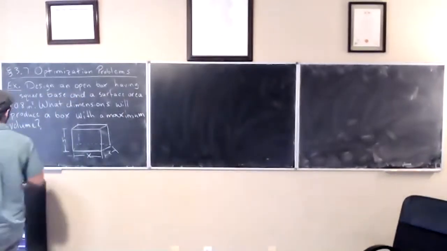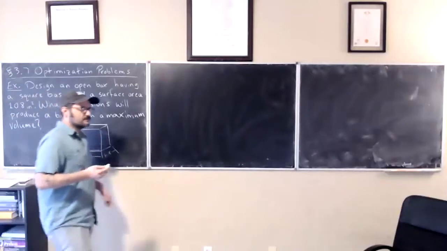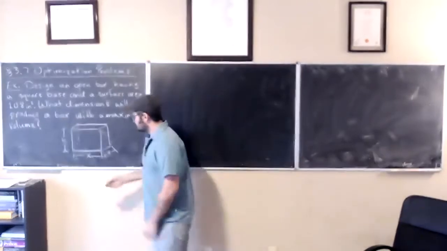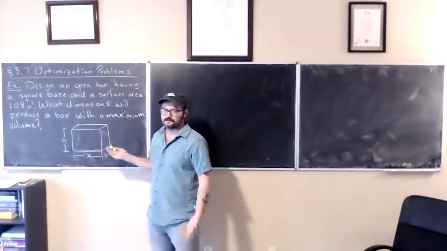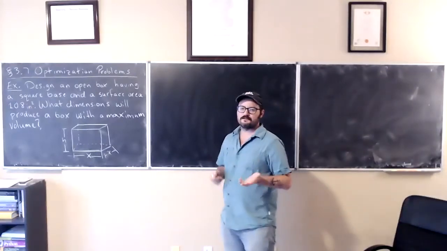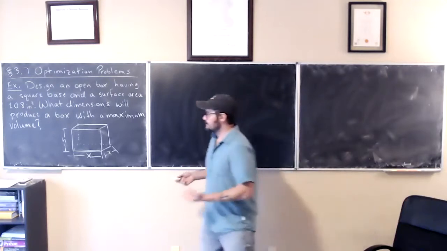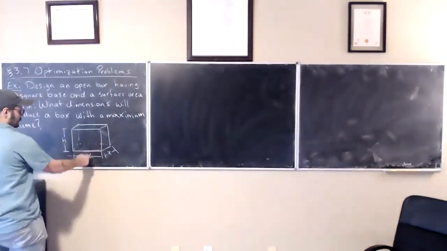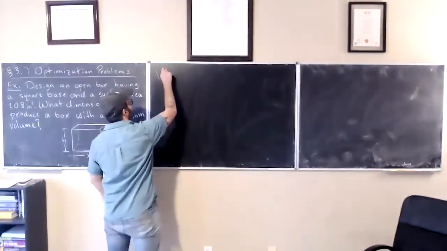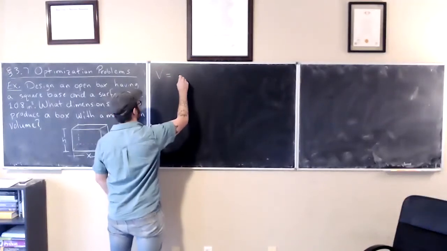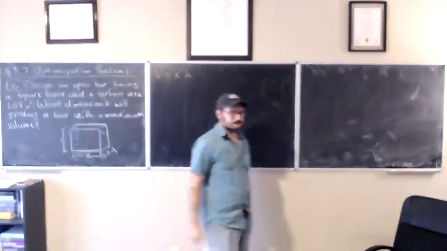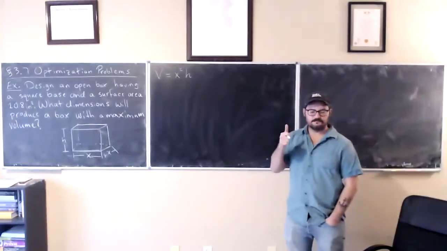So in order to model this problem with calculus, we need to first write down what equations we're dealing with. In particular, the volume of a box is going to be important. That's what we want to maximize, right? So the volume of a box is length times width times height, right? But here, the length and the width are the same X. So in this case, the volume of this box is going to be X squared times H. So far, so good?